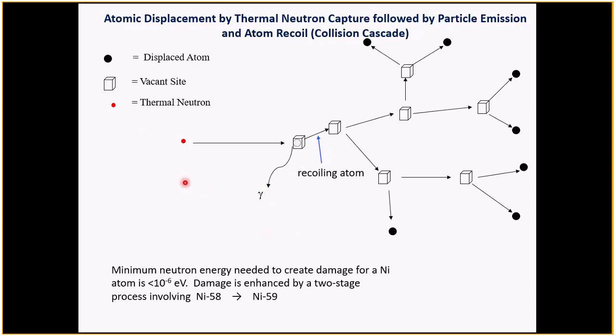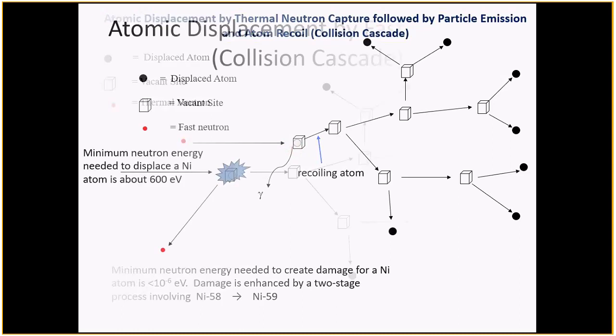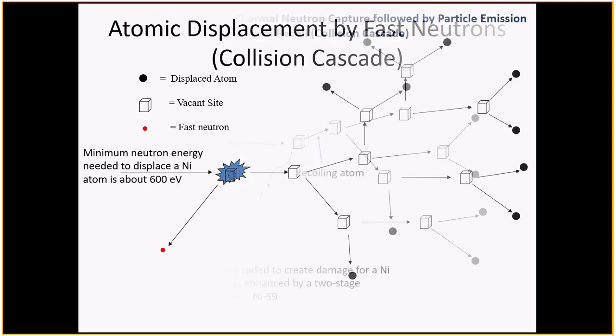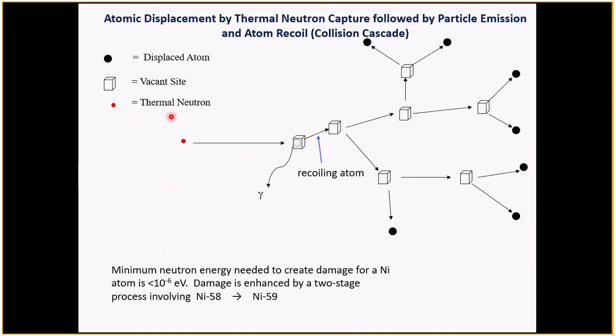So when you have a thermal neutron coming in, it can create a little bit of damage also, actually. So when I said 600 eV creates one damage, if you go to much lower energies, when it's thermal neutron, we're talking about less than 0.1 electron volts, very much smaller energies.